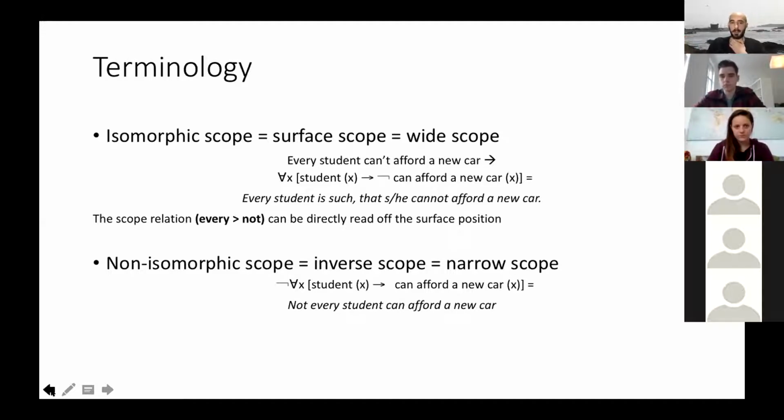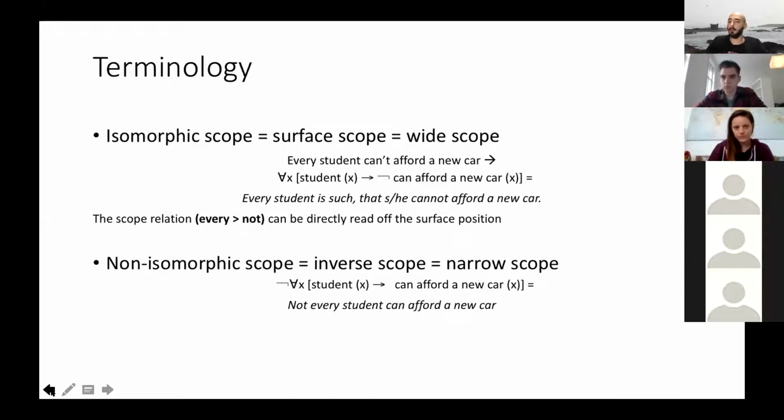Terminological confusion, okay? So you said that isomorphic scope, surface scope, and wide scope are the same thing, right? In this example, they are. But terminologically speaking, isomorphic and surface are the same thing, and wide is a different aspect of it.